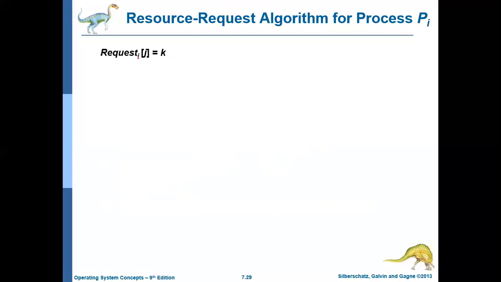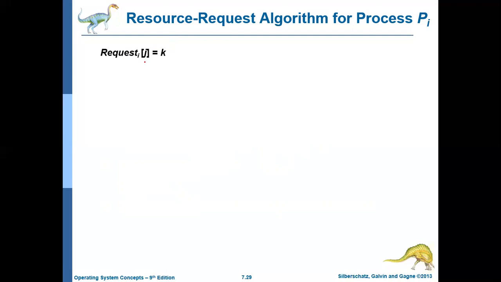The subscript I near the request refers to process Pi. So request I of j equal to k means process Pi is requesting k instances of resource type rj.